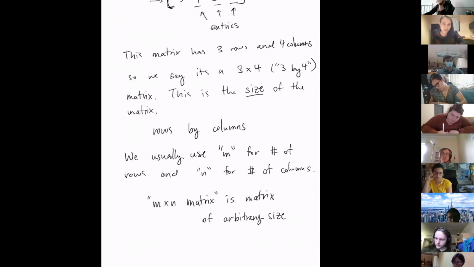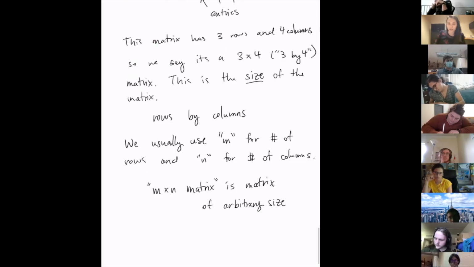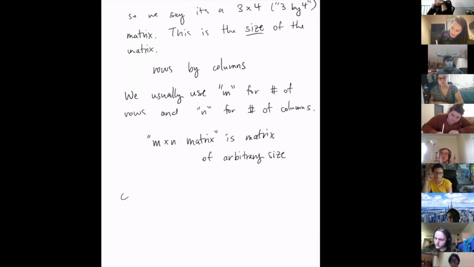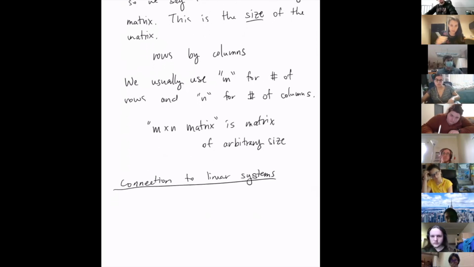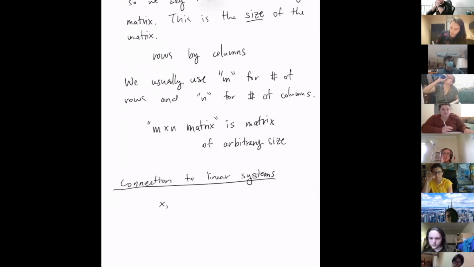Okay, and like I said, these are going to help us represent linear systems. So the connection to linear systems is the following. Going back to that system that we had before, this 3 by 3 system.